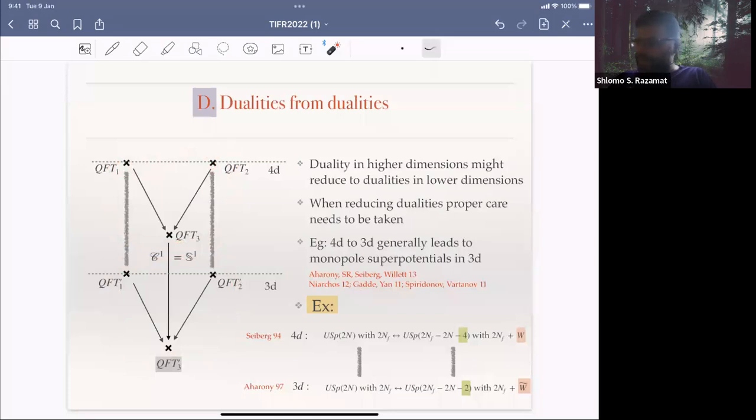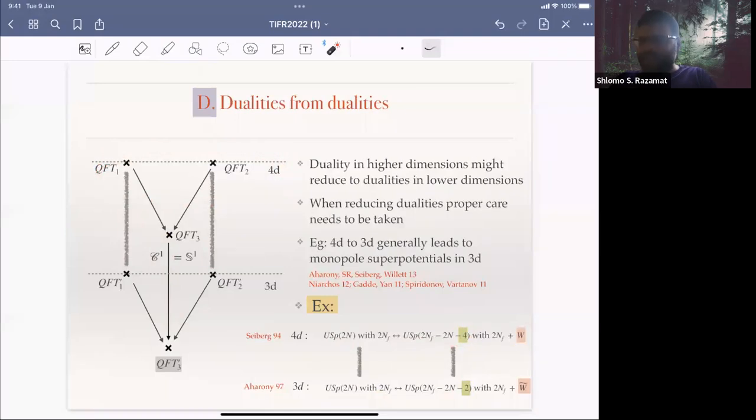For example, this is a well-known 4-dimensional Seiberg-like duality with USp gauge groups, and the dual is almost the same, but with some shift of the rank. If you go to 3 dimensions, you obtain almost the same type of duality, but with a different shift of the rank and a different type of superpotential. And there is a systematic way to understand these differences. Basically, you really need to go into details of how you dimensionally reduce things. One thing which is tricky in these dimensional reductions is that some symmetries don't exist.